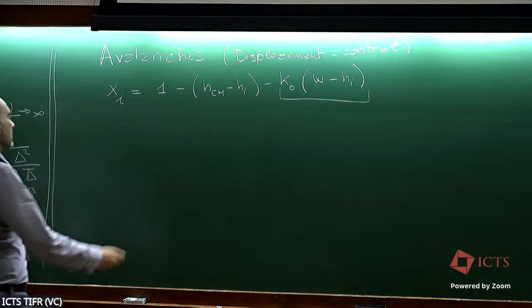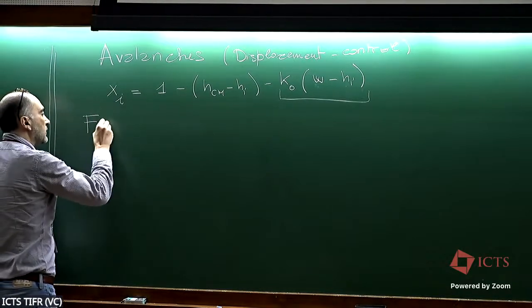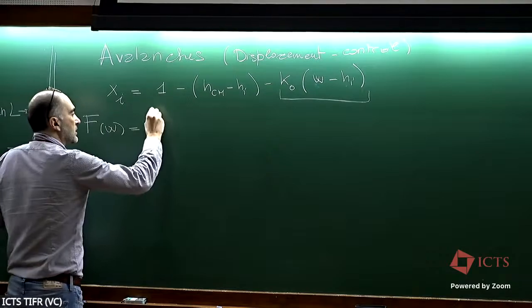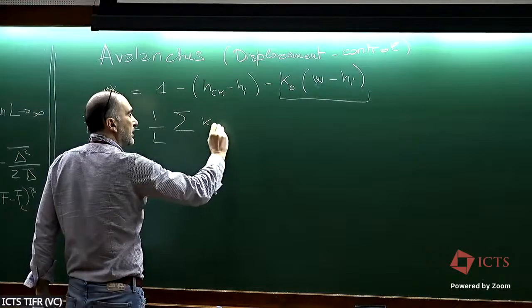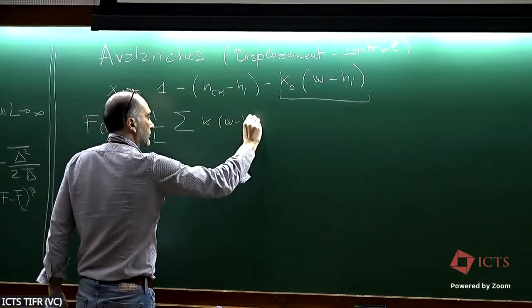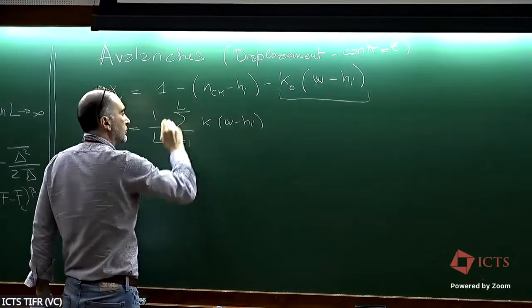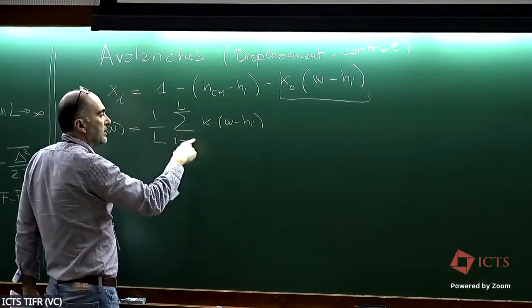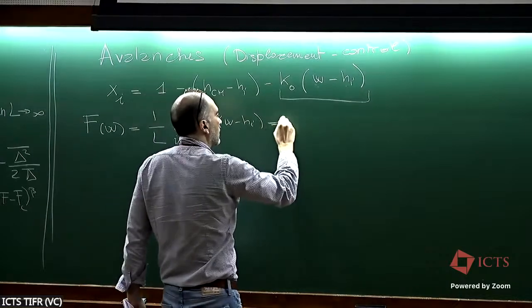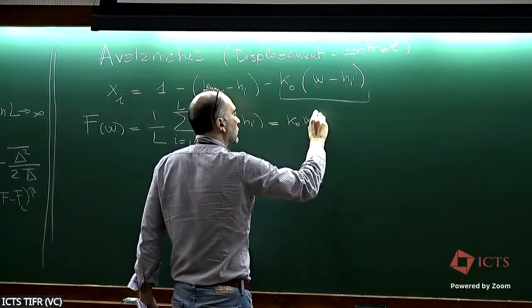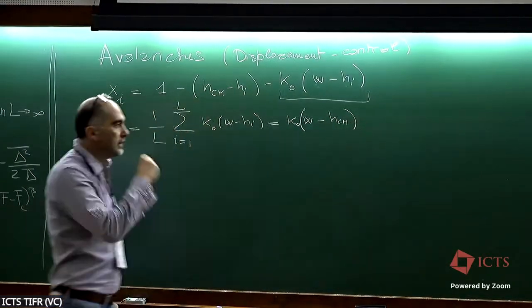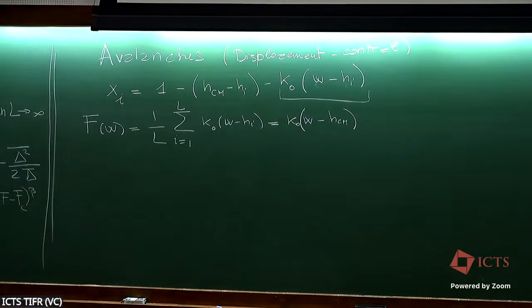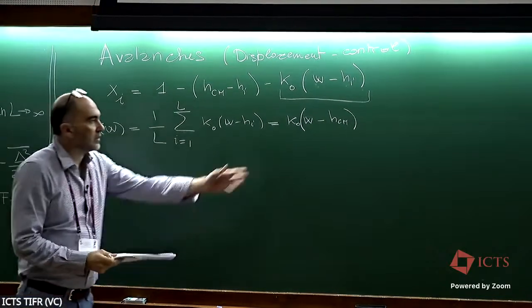And now you can see what is the average, that we call F of W, which is 1 over L. So this is the force acting on the unit length. So W is independent of i, so it will be K0 times W minus h of the center of mass. So this is the force which acts per unit length on the interface, okay? It is the external force that you apply.